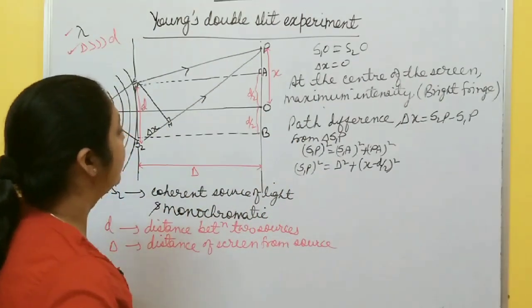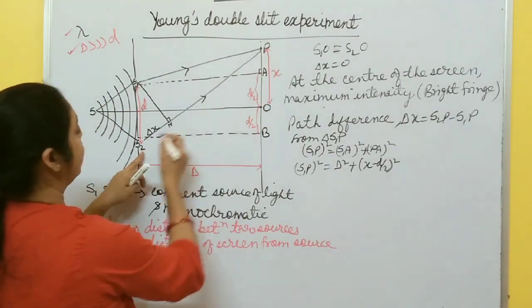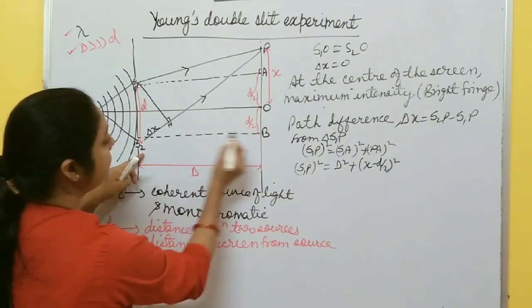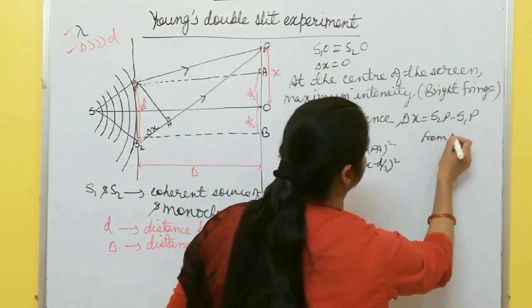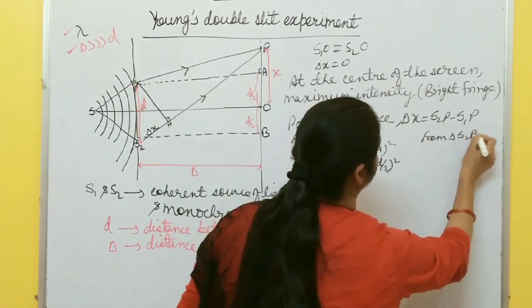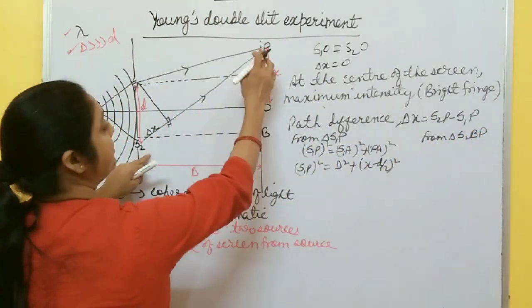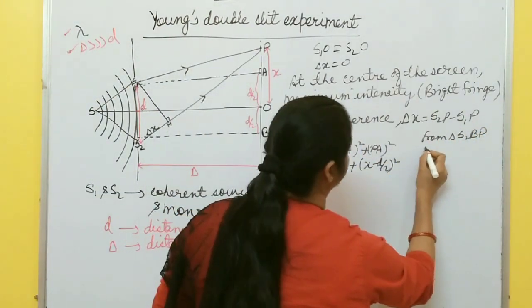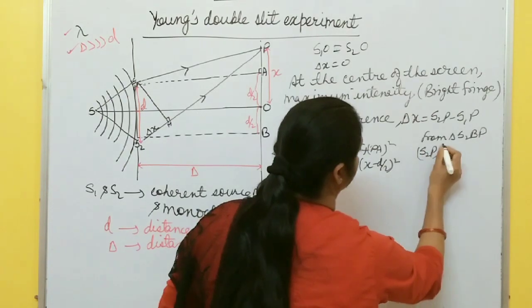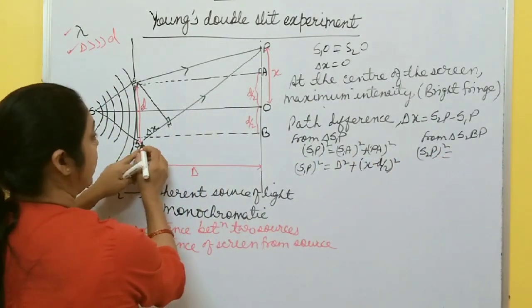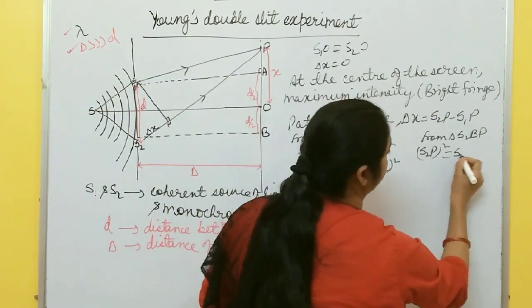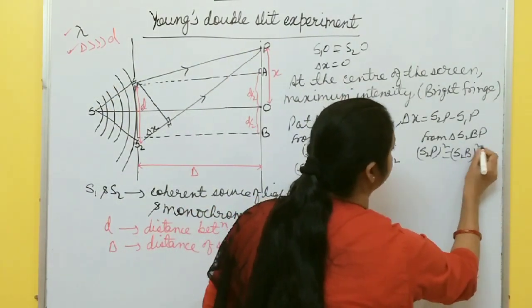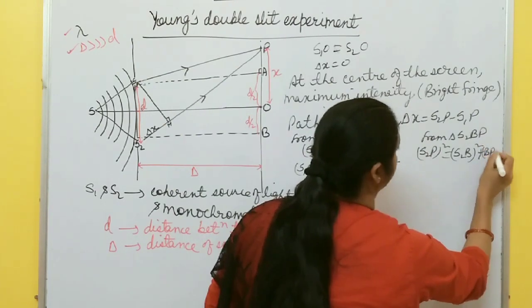In the same way, you can calculate S2P by taking the triangle S2BP. So from triangle S2BP, S2P square is S2B whole square plus BP whole square.